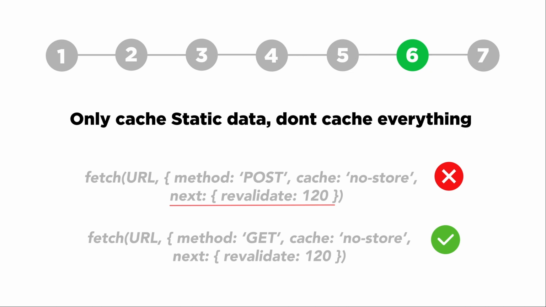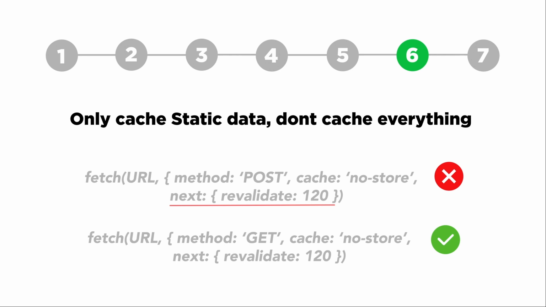As you can see in this instance, we have the fetch utility that's posting, but while it's posting, we pass the property cache no store, but we revalidate in 2 minutes, which is 120 seconds. If you post with revalidation, you will keep posting the same things and the data will not be updated.